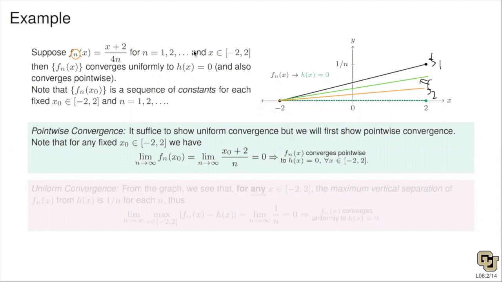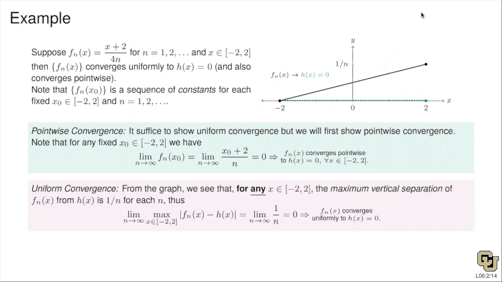For each one of those, you can pick an x value and ask: if we fix the x value and send n to infinity, what's happening? Here we can prove that we have pointwise convergence: if you pick each point, fix it, and send n to infinity, it goes to 0. But the pointwise convergence happens in a very uniform way.